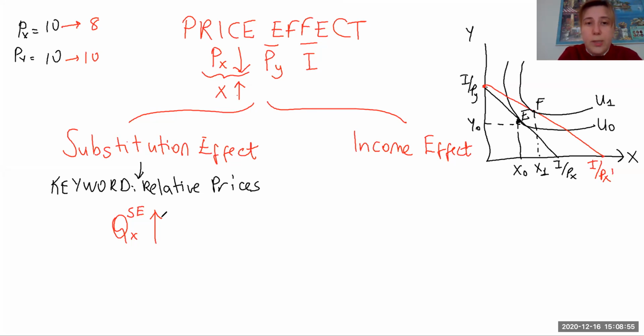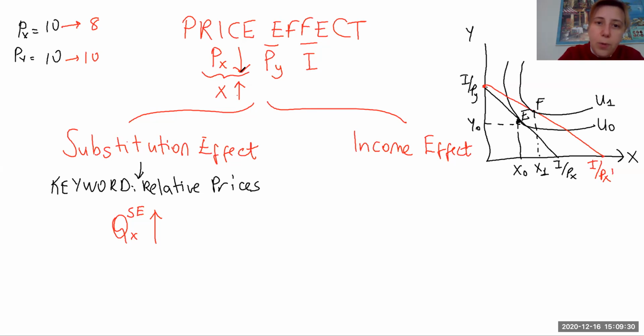Please try to see that the substitution effect is negatively related with the price change. While the price of X is going down, although there is no change in the price of Y, it's getting relatively more expensive than X. So the consumer prefers the relatively cheaper one to the relatively more expensive one. That's why quantity demanded of good X increases because of the substitution effect.